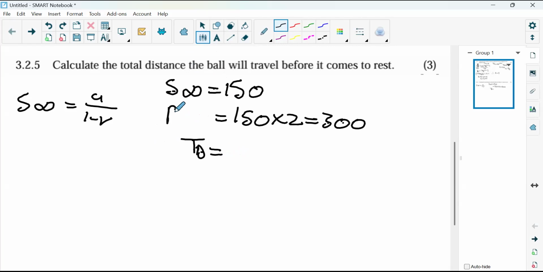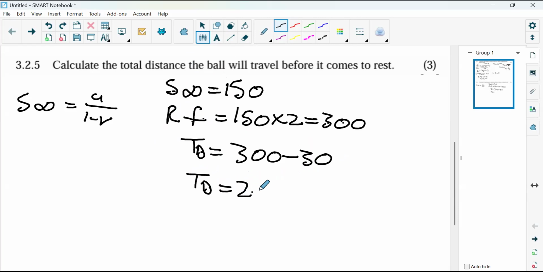But the total distance traveled is going to be 300 minus the one that we calculated 2 times but it only did once, which is the 30. So we're going to do minus 30, and then the total distance traveled is going to be 270. So the total distance is going to be 270 meters.